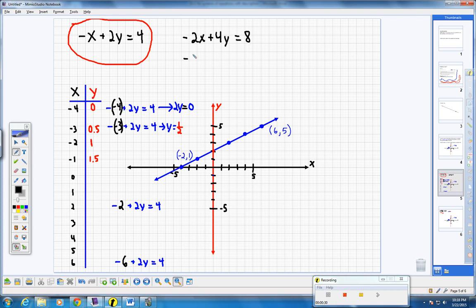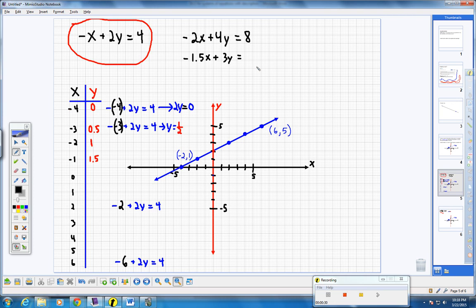So you could say negative 1.5x plus, and then we're going to take 2 and multiply it times 1.5, so you might say 3y if you were thinking along with me.